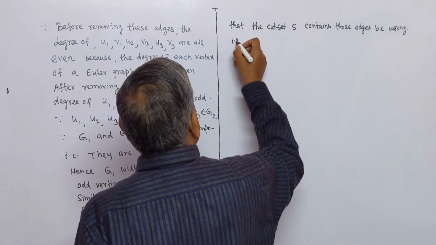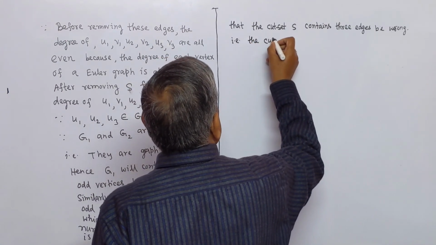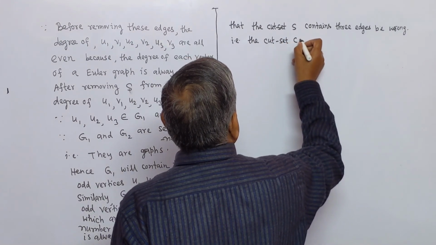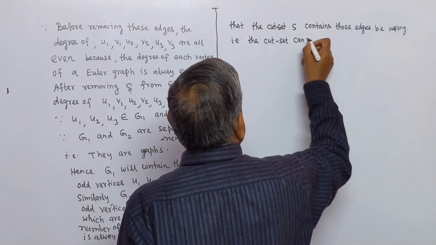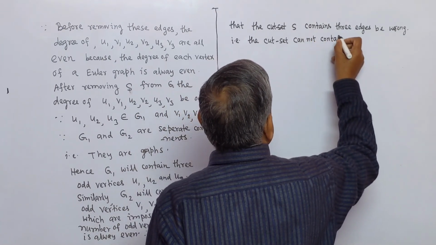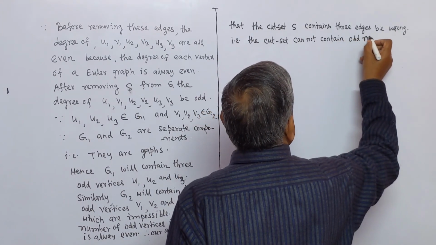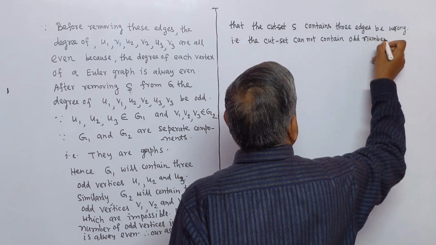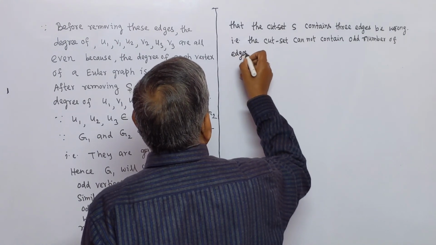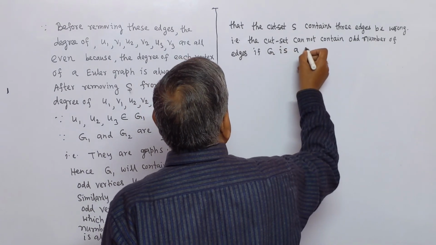That is, the cut set cannot contain an odd number of edges if G is a Euler graph.